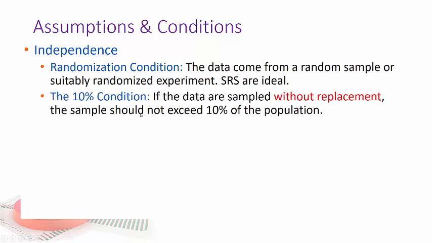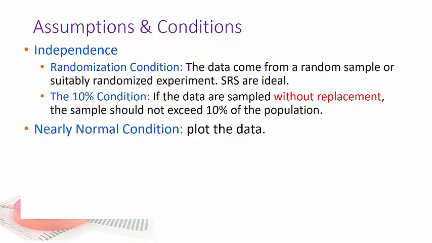The 10% condition still applies if the data are sampled without replacement. The sample should not exceed 10% of the population. Now, you notice I don't have the success/failure condition on this. We were doing sample sizes of 3 and 4. How am I going to exceed 10 if I don't even try 10 times? So that one doesn't really apply to this.